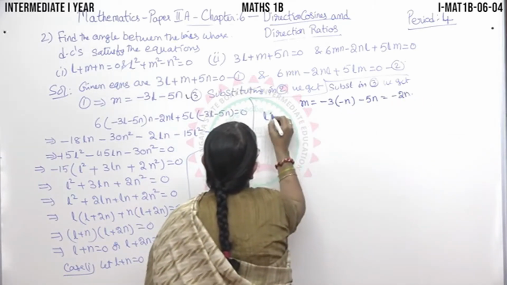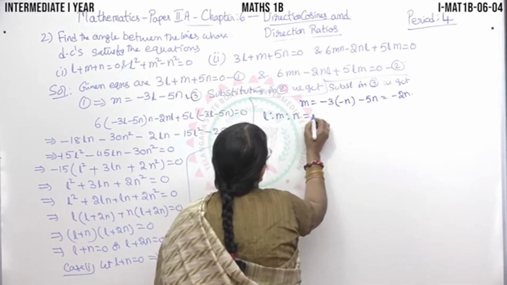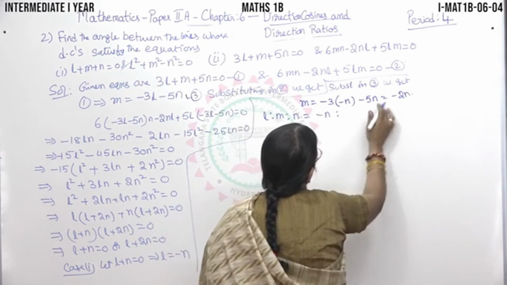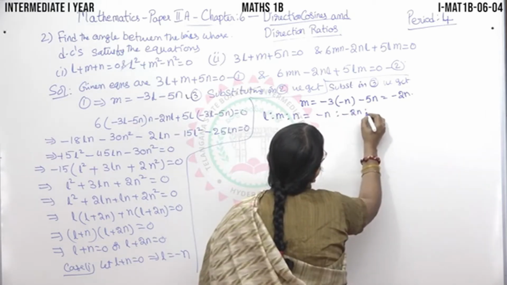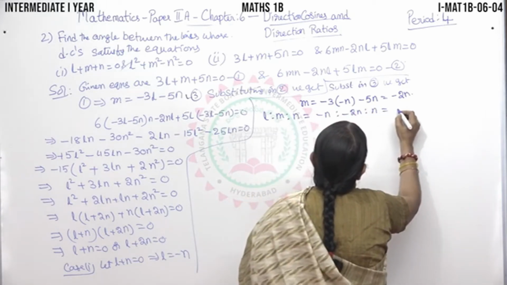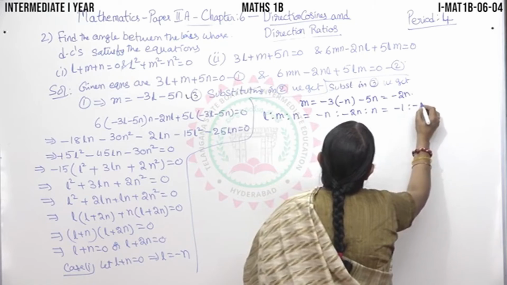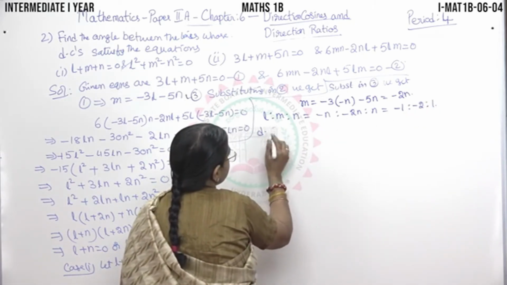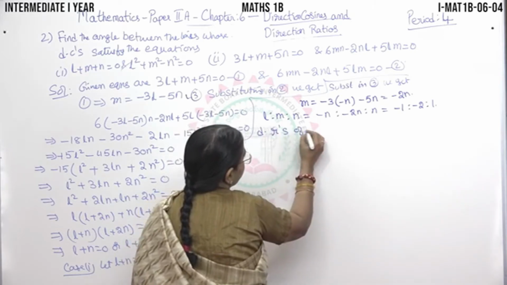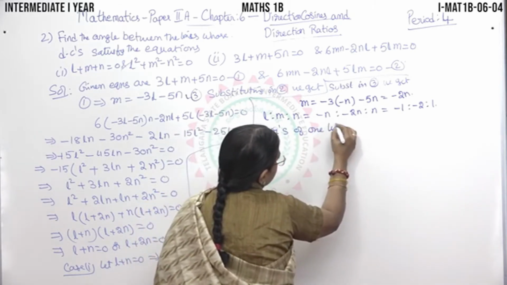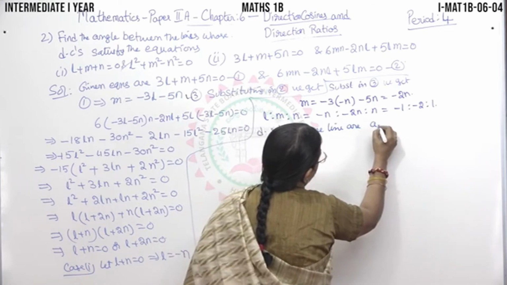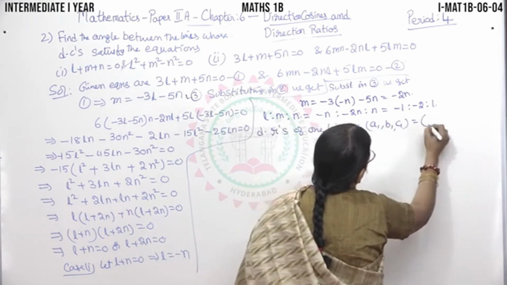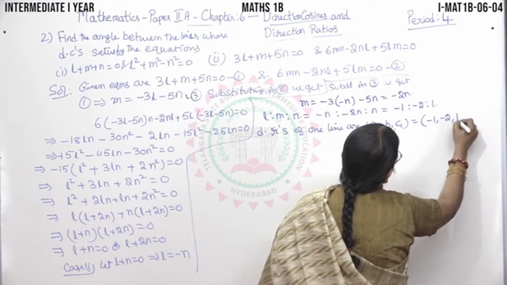So now we'll find L is to M is to N. L is minus N is to M is minus 2N is to N. So that is minus 1 is to minus 2 is to 1. Therefore, the direction ratios of one line are a1, b1, c1 is equal to minus 1, minus 2, 1.